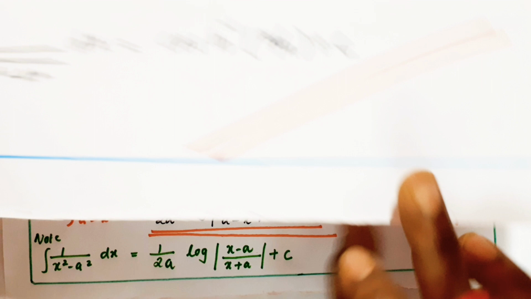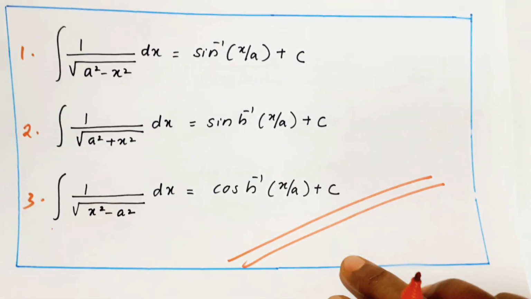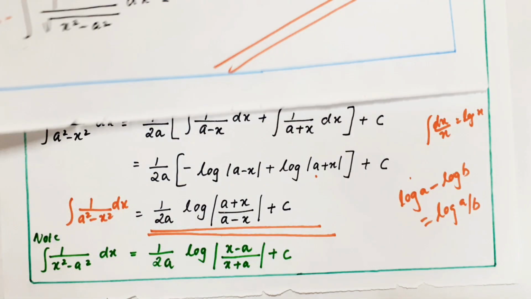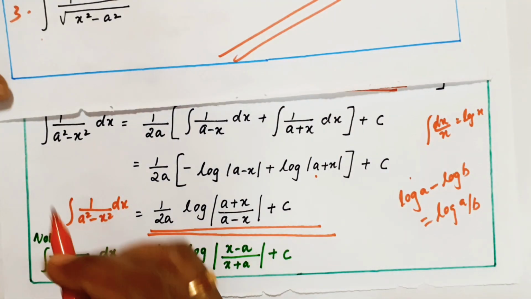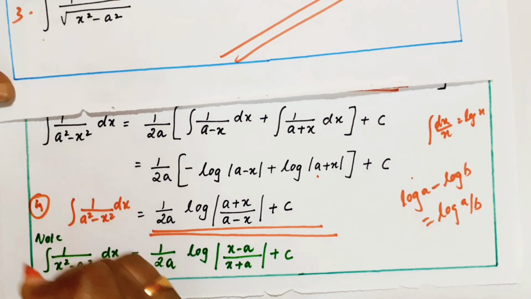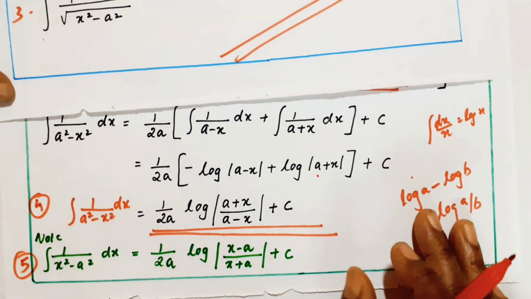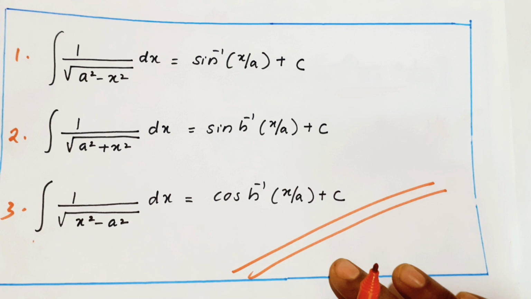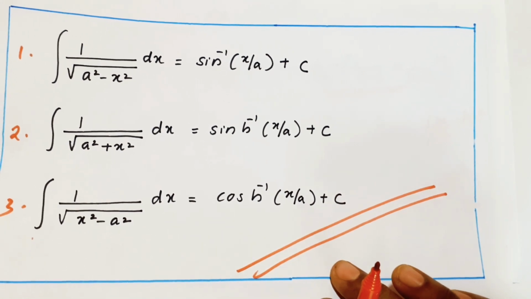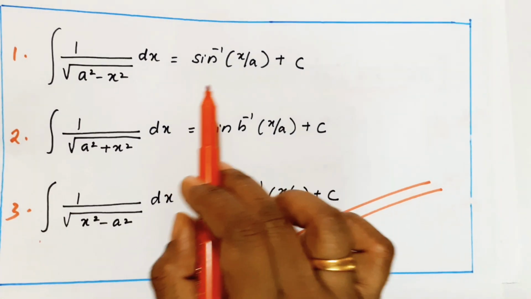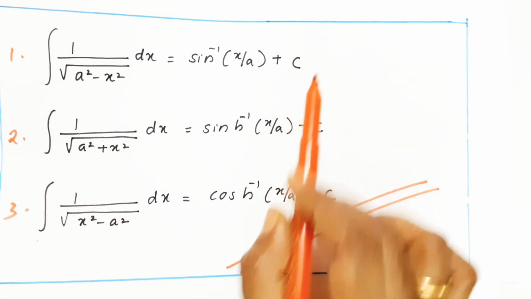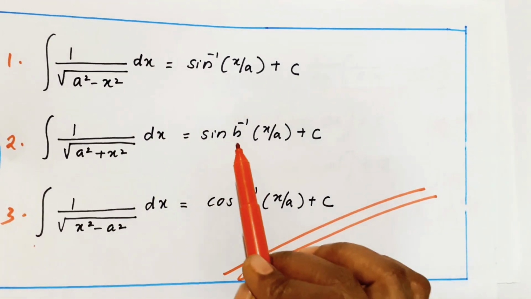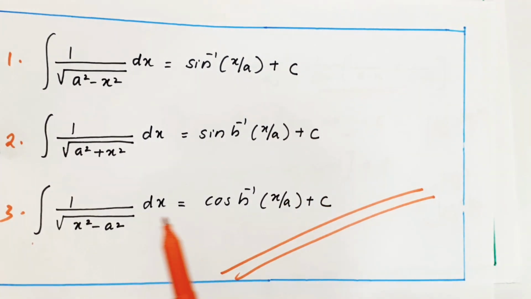Finally we have these equations: with the denominator in root form, and these two without root. This I am writing as the fourth equation, and this is our fifth equation. So in total 5 equations. First, integral of 1 by root of (a² − x²) dx is sin inverse (x by a) + c. Integral of 1 by root of (a² + x²) dx is sinh inverse (x by a) + c.